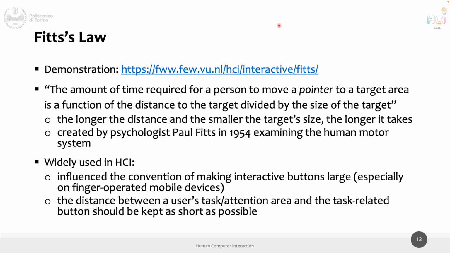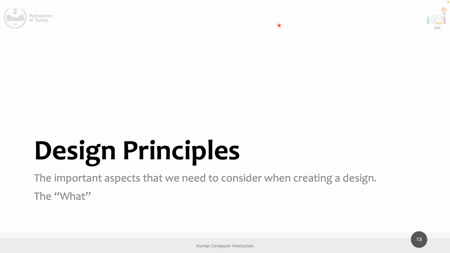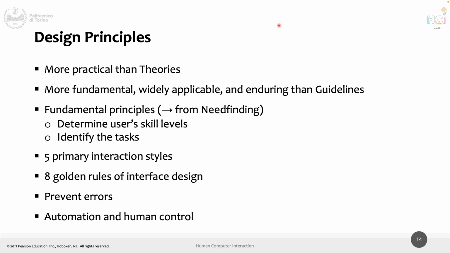Okay, so theories, as I was saying, are general, wider applicable, abstract, because here it talks about a pointer, about memory, about cognitive processes, not really practical. But let's move to principles, which are instead what we need to do, especially when creating a design.